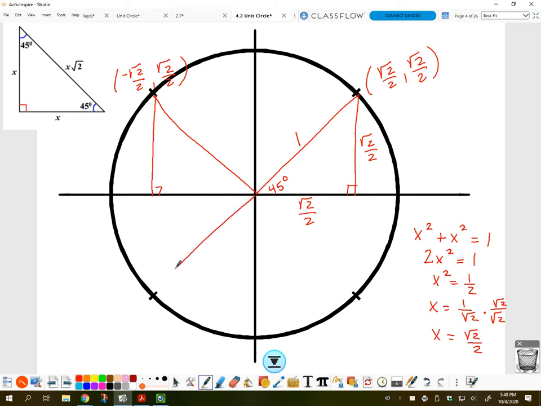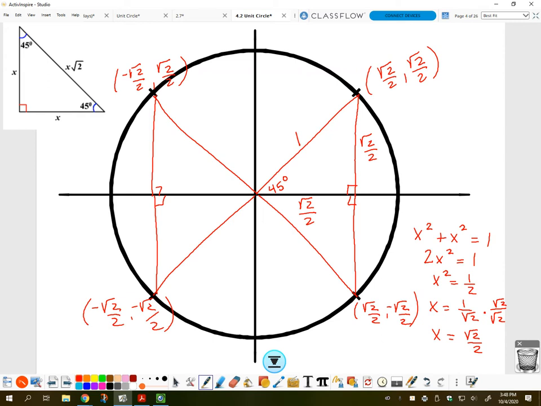If I come down here, it's the exact same triangle. We're going negative, negative. So negative root 2 over 2, negative root 2 over 2. And if I come over here, again, exact same triangle. We're going positive, negative. So it's positive root 2 over 2, negative root 2 over 2.